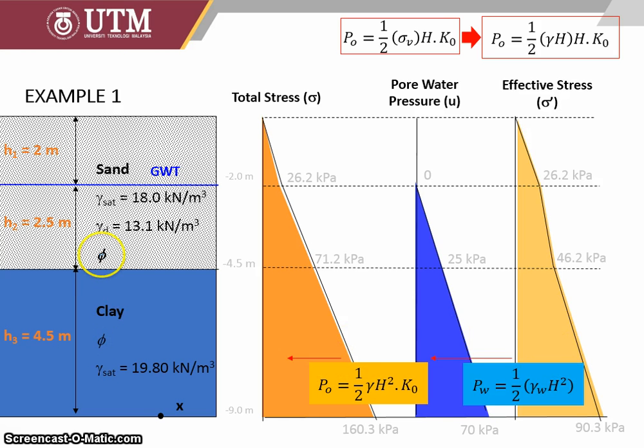If we know the soil friction angle, we can define K naught and finally get the full calculation of lateral earth pressure. P naught is the lateral earth pressure at rest.